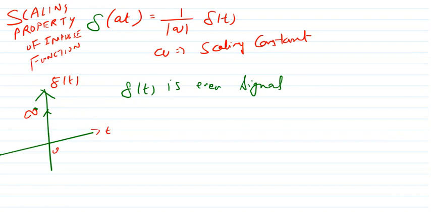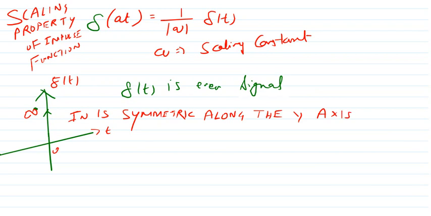So you can see that it is symmetric along the y-axis. So basically del t is an even signal. Okay, del t is an even signal.